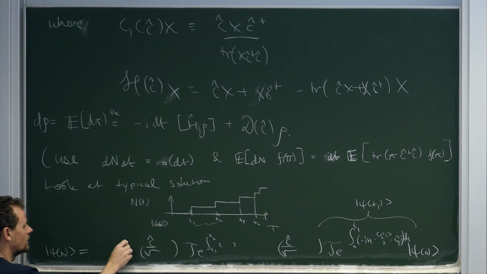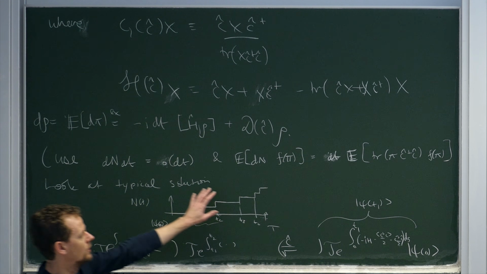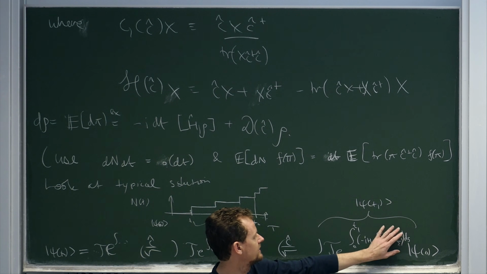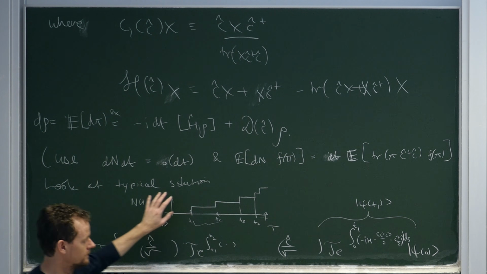And then it continues to evolve according to this time-ordered exponential forevermore until you turn the system off. If there were no clicks, then these terms here wouldn't be present and the system would just evolve unitarily.